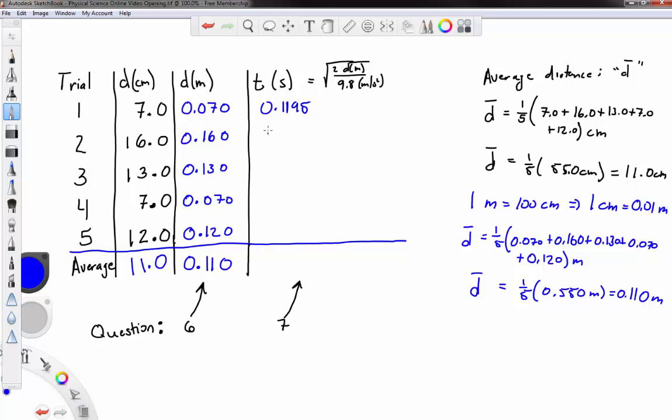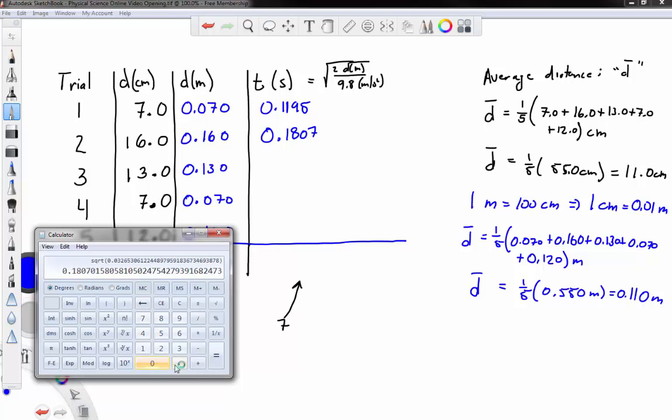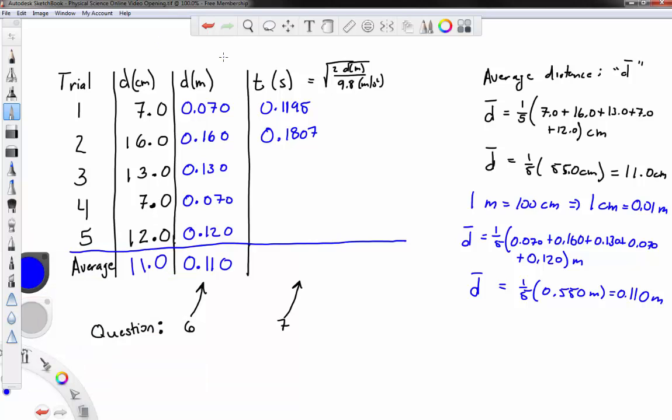So this one is 0.1807. Next one down, it has now fallen 0.13. So we go 2 times 0.13 divided by 9.8. Take a square root, we get 0.16288.